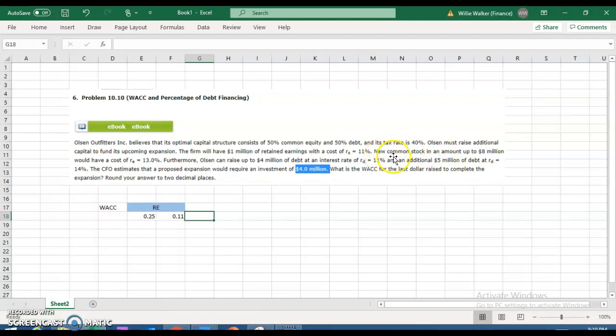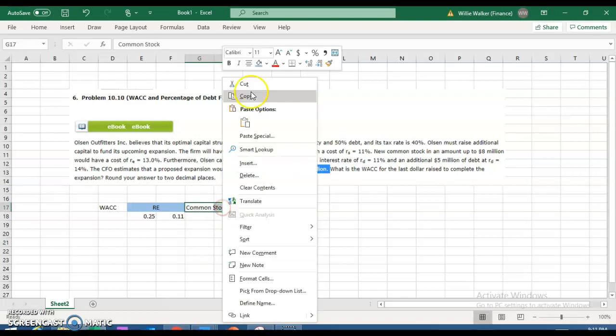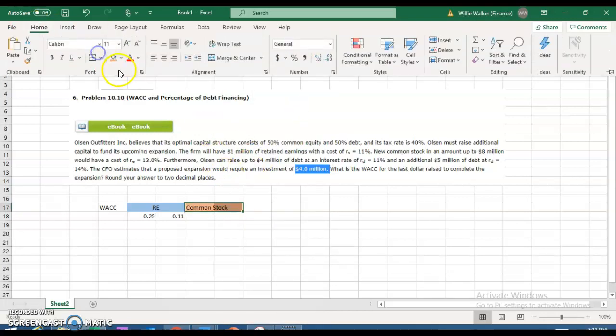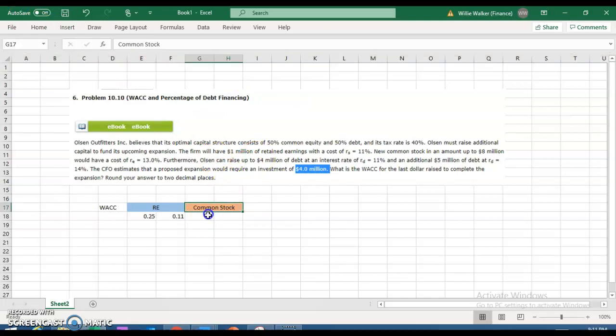The Olsen Outfitters Incorporated company has common stock, and they have $8 million that they can issue in common stock at 13%. So we'll just say common stock.